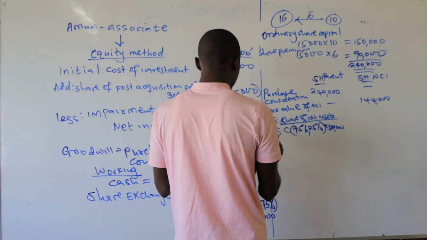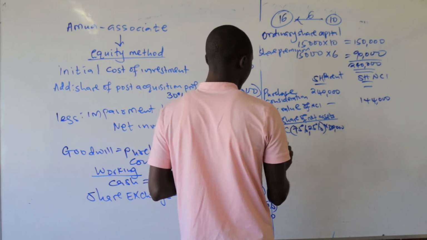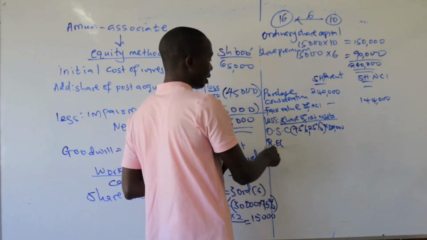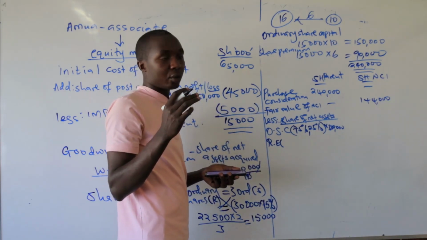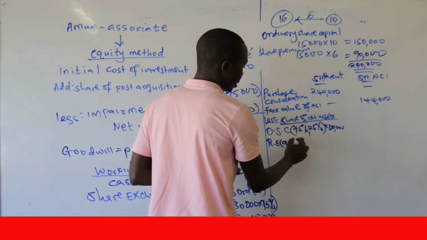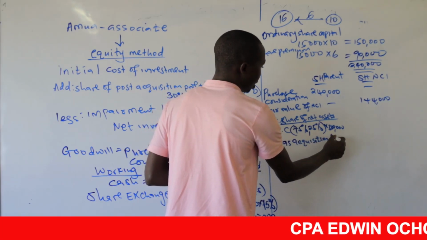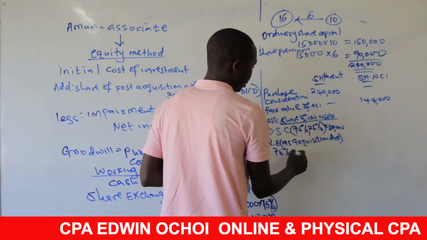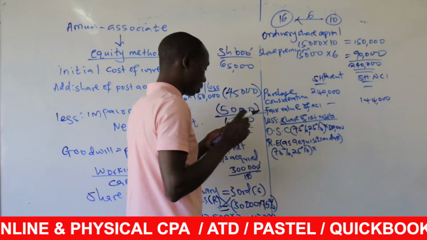Then we have another item called retained earnings, and you need to be careful about retained earnings, because the figure you are supposed to use when doing your goodwill is the figure as at acquisition date, as at the time that subsidiary was acquired. So you say 75% and 25% of the retained earnings as at acquisition.